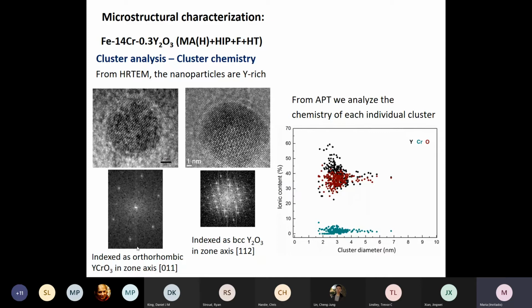Okay, we can identify the crystal structure of some of the nanoparticles, but from atom probe tomography, we can analyze the chemistry of each individual cluster. Okay, so we can combine information from both techniques, and what gives us the whole information about our material is to apply a multi-technique analysis. That is for sure. Not only one characterization technique is going to give us all the answers.